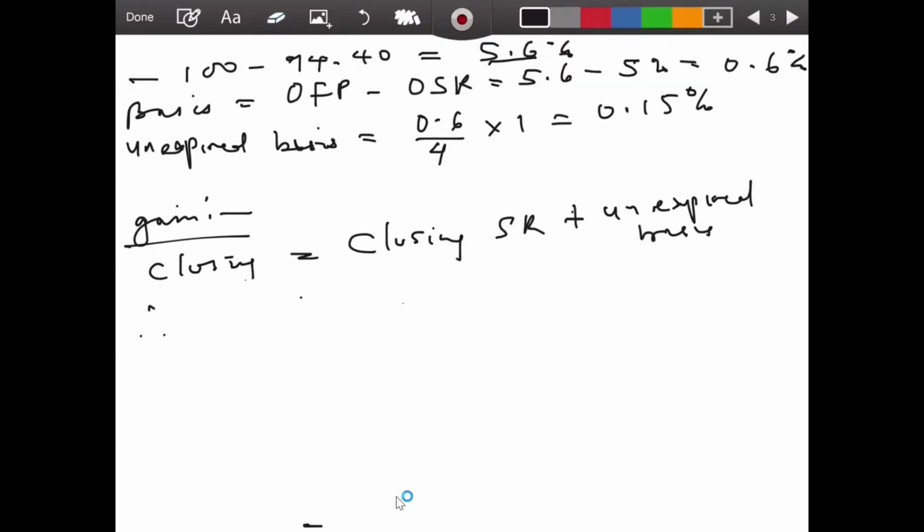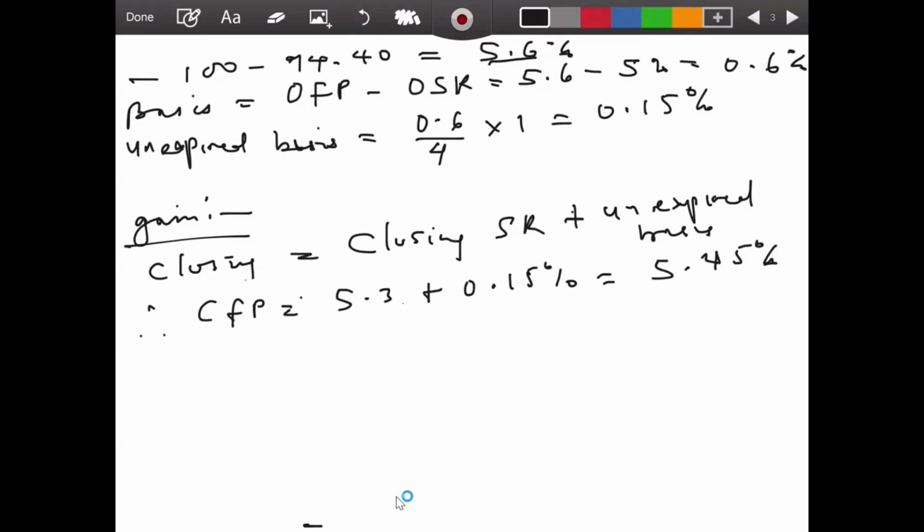Therefore, your closing futures price will now be equal to your closing spot rate, which is 5.3, plus unexpired basis of 0.15%. This will give 5.45%.